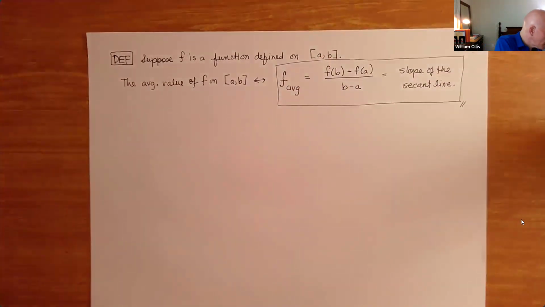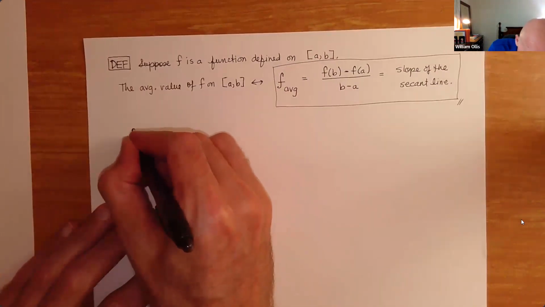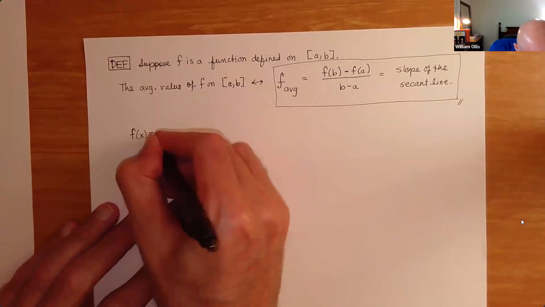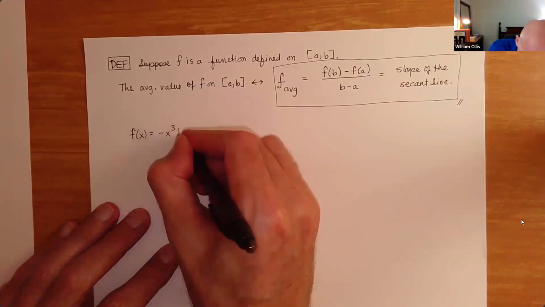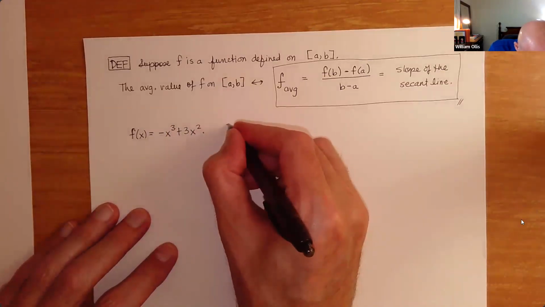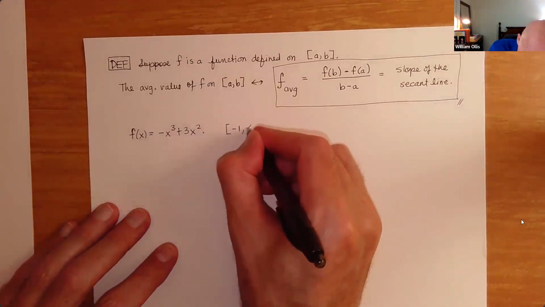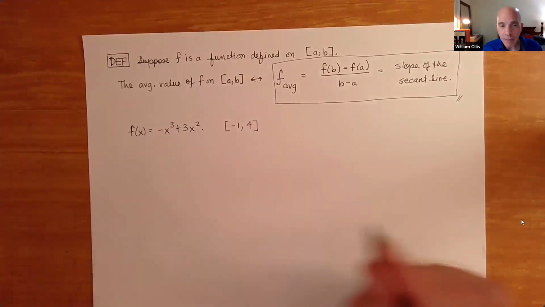And there's a simple example that I want to work. We have f(x) equals negative x cubed plus 3x squared, and the interval is -1 to 4. So a is -1 and b is 4.